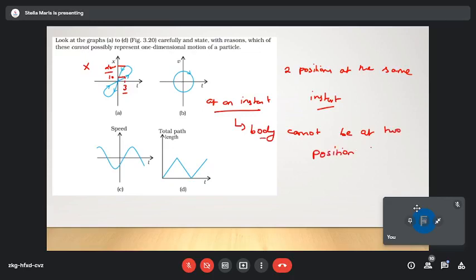Here the instant is nothing but the third second. So the body is at 10 meters and also at 20 meters. That is not possible, right?